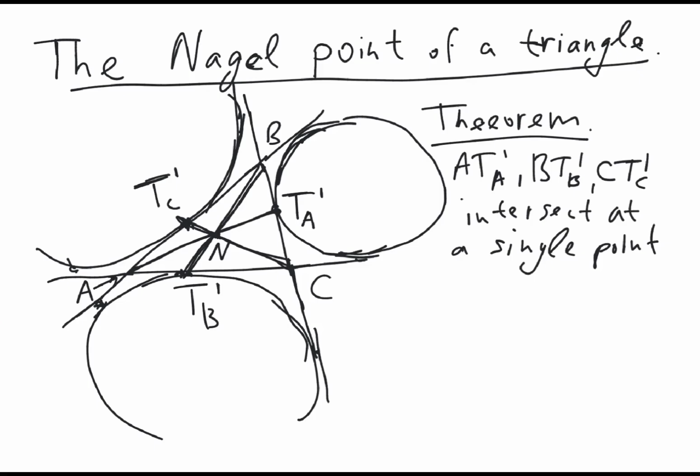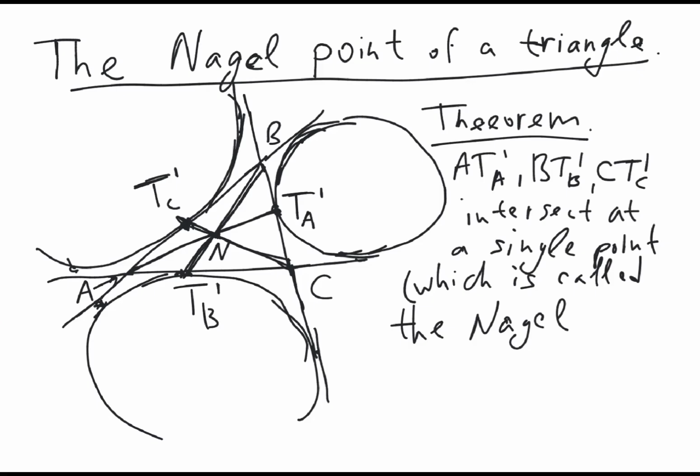And for the tangency points of the excircles, ATA prime, BTB prime, and CTC prime intersect at a single point, which is called the Nagel point of the triangle ABC.